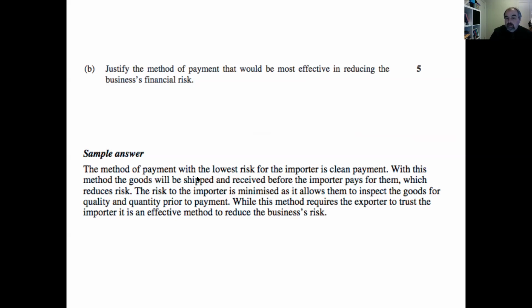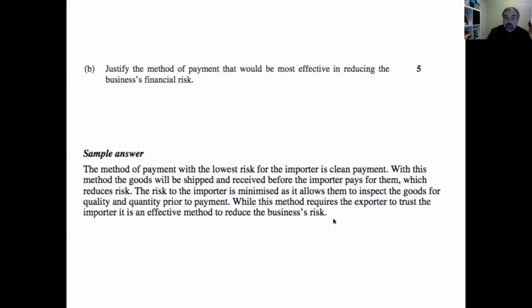Definition means that the goods will be shipped and received before the importer pays for them, which reduces the risk. Okay. The risk to the importer is minimized as it allows them to inspect the goods for quality and quantity prior to payment. While this method requires the exporter to trust the importer, it is an effective method to reduce the business's risk.